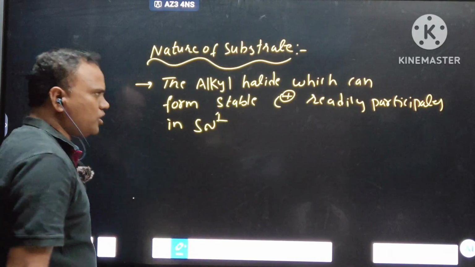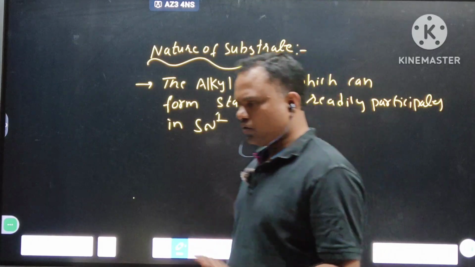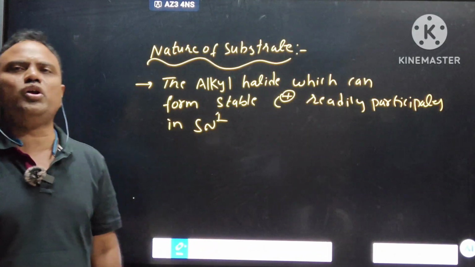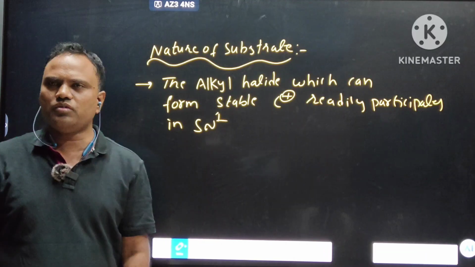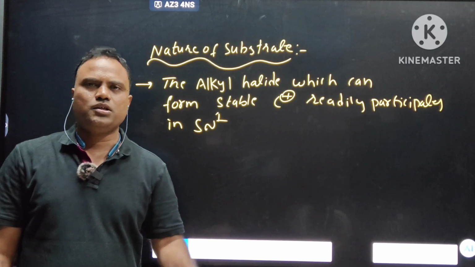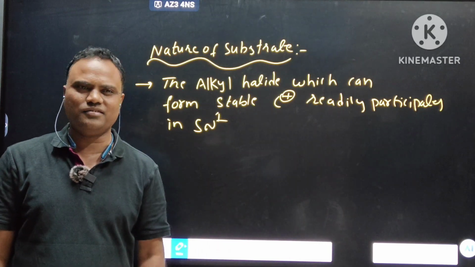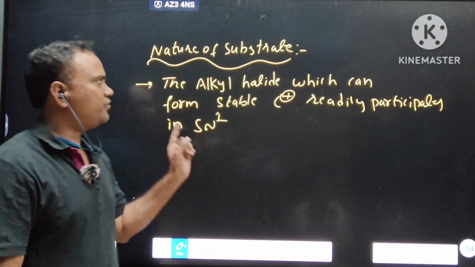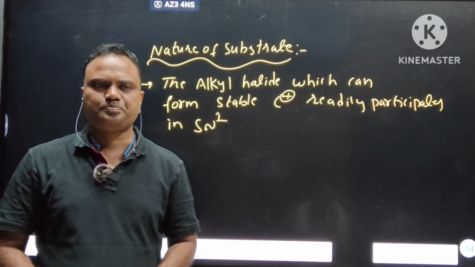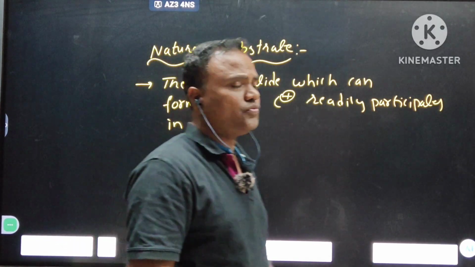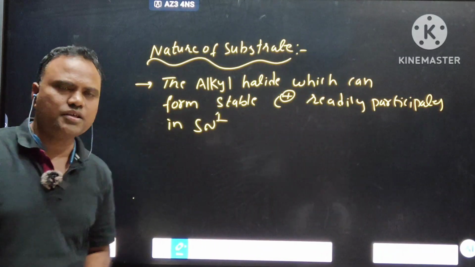Most important point, important statement. You will get 4 options in the question: which of the following alkyl halides readily participates in SN1? Then what you have to check? You have to check which alkyl halide forms a stable carbocation. Clear? First factor is nature of the substrate, or nature of alkyl halide. The alkyl halide which is able to form a stable carbocation, that one only readily undergoes the SN1 reaction.